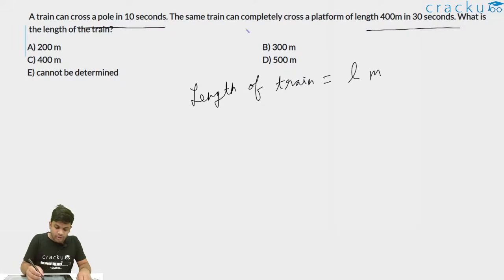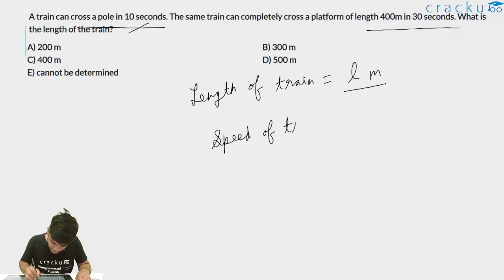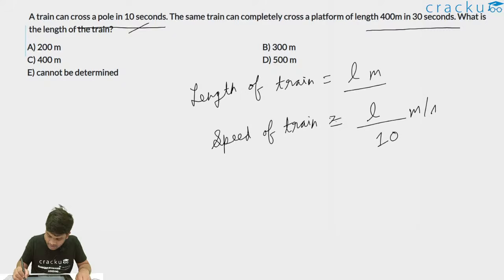In the first case, the train crossed the pole in 10 seconds. So the distance the train covered is L meters and the time taken is 10 seconds. So the speed of the train will be equal to distance covered, which is L divided by 10. This is in meters per second, because length is in meters and time is in seconds. So the speed of the train is L by 10.